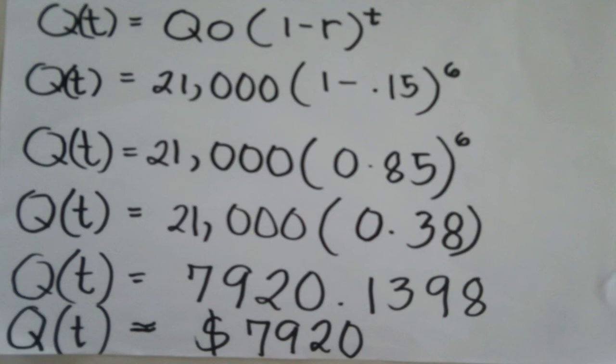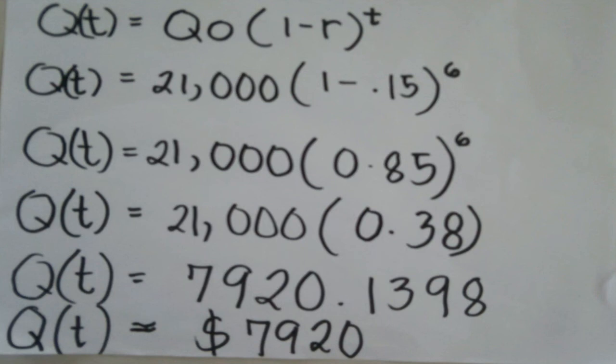So 1 minus 0.15 is equal to 0.85. Then Q of t equals 21,000 times 0.85 to the power of 6. 0.85 to the power of 6 is 0.38.